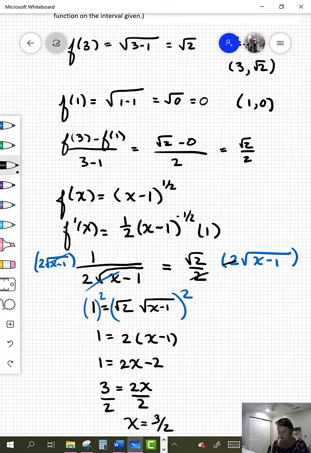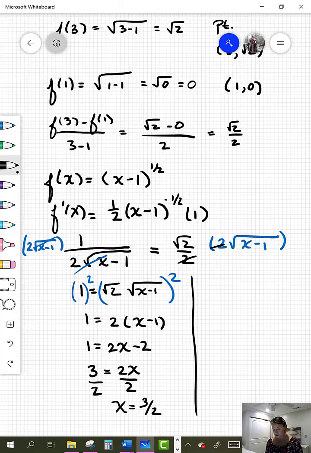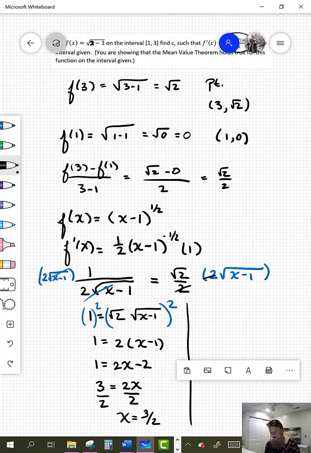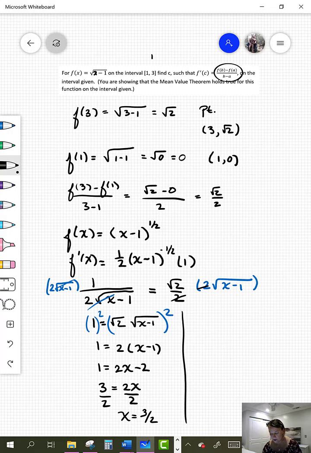I just need to make sure that that is a true statement because I squared both sides of my equation here. And so it's possible to get solutions which are extraneous. And so I need to make sure that it's not an extraneous solution. The other thing that you need to make sure is that it's falling within the interval that we're looking at. And 3/2 does fall within the interval of 1 and 3.